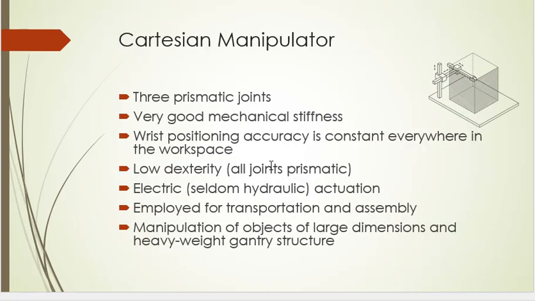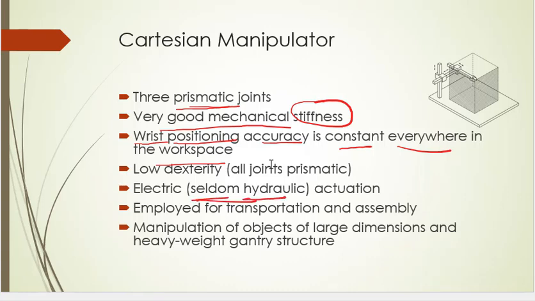The Cartesian manipulator has three prismatic joints, very good mechanical stiffness, and positioning accuracy that is constant everywhere in the workspace, but low dexterity. All joints are prismatic, and actuation is electric, seldom hydraulic.